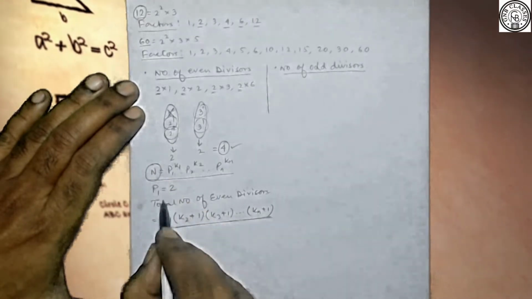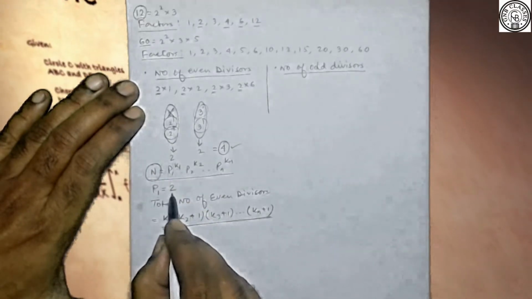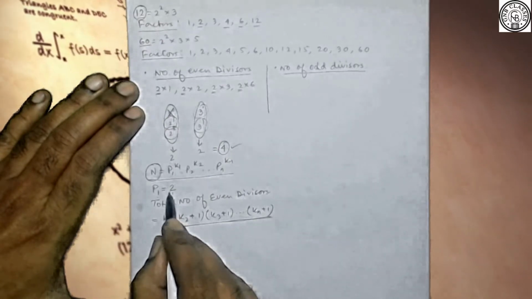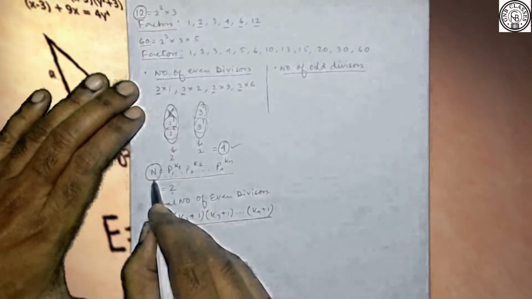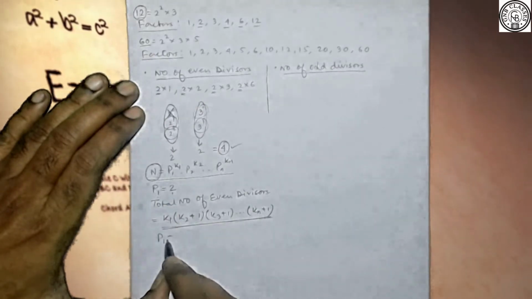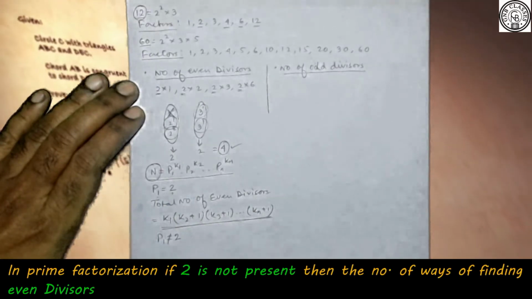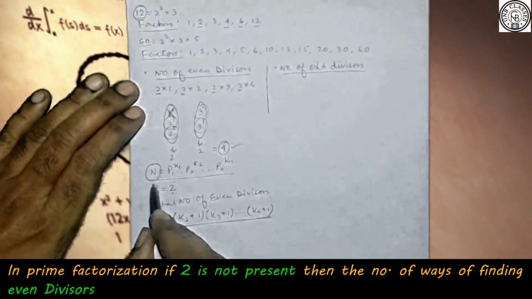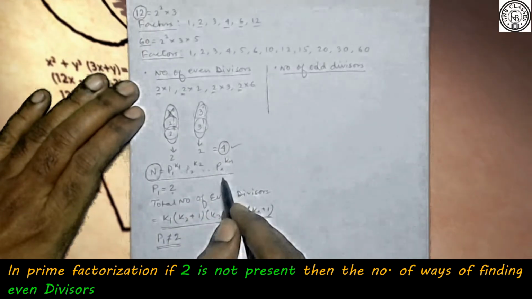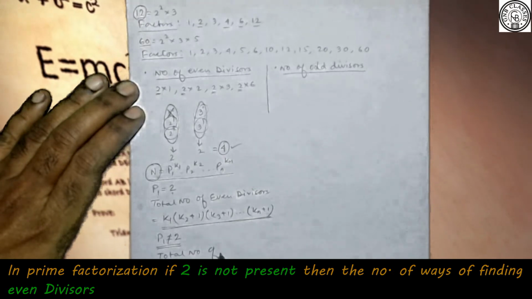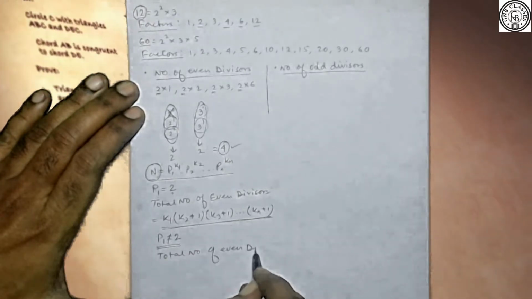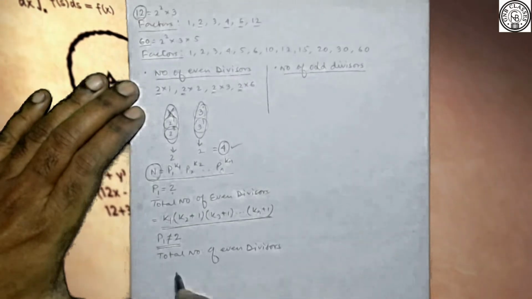The only condition is that 2 must be one of the primes present in the prime factorization of n. If there is no 2 in the prime factorization, then the total number of even divisors will be 0.